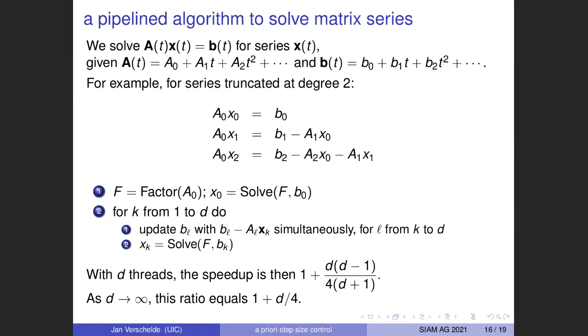So a back substitution looks very sequential, but given the right sizes, a pipeline is actually extremely efficient. So you get a speedup ratio that with D threads, where D is the degree, the speedup tends to be close to D over 4. So this is one of the trends, shared memory.